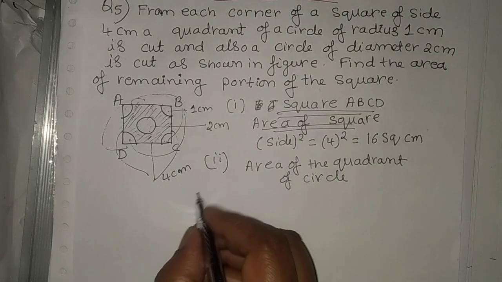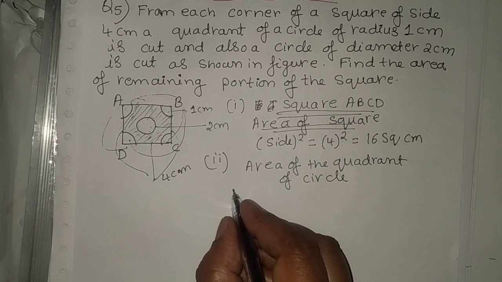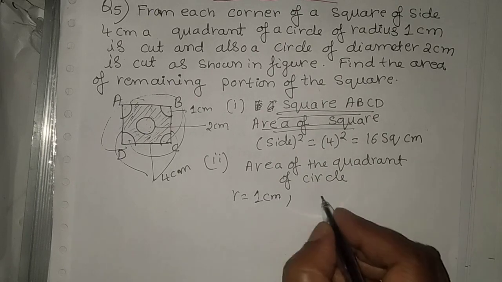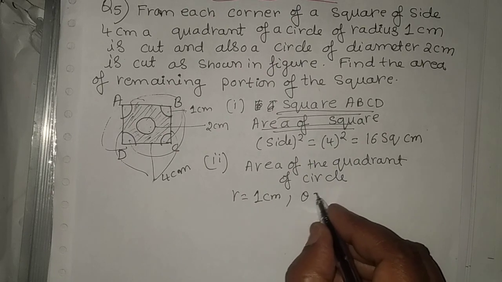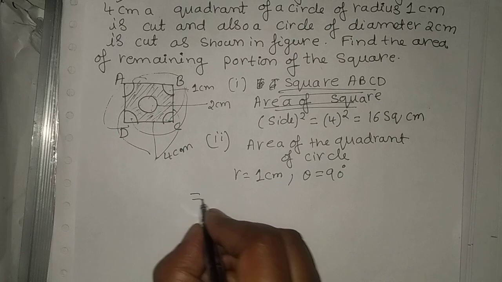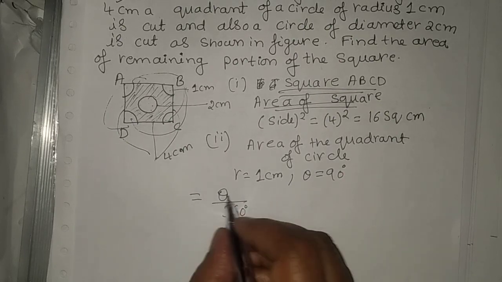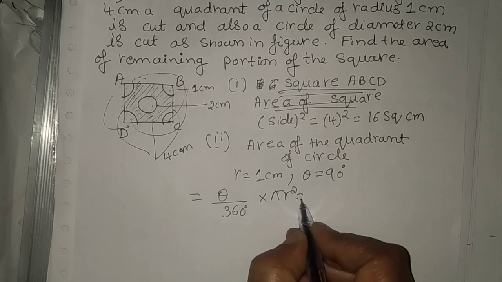The radius is 1 centimeter, and theta is 90 degrees. Now the formula is theta by 360 into pi r squared. This is the formula for the area of the quadrant.